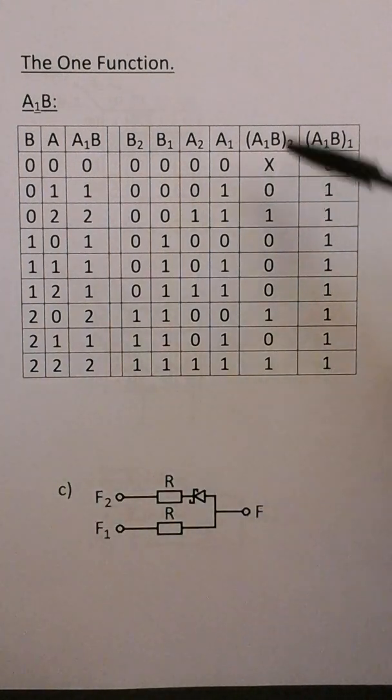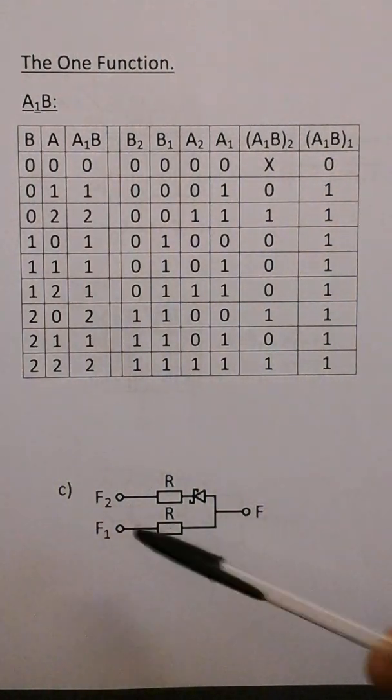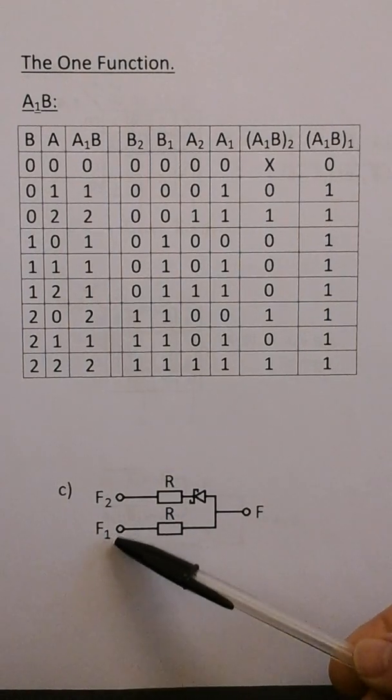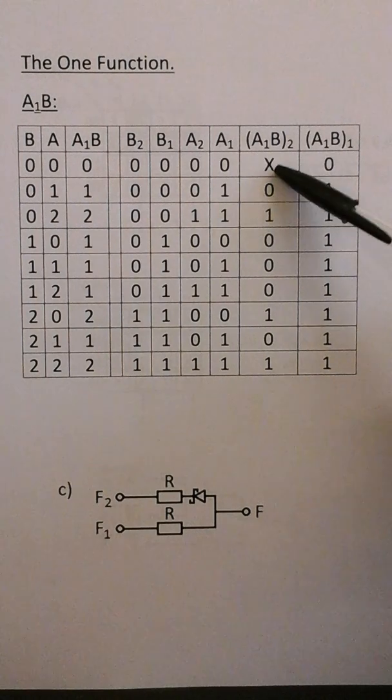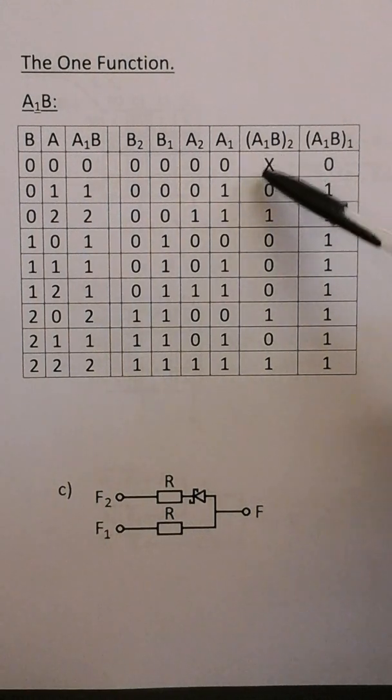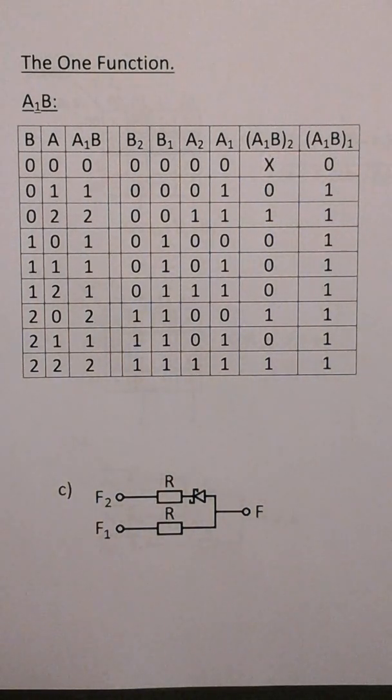So this is what we're using for coding the output A1, B2 and A1, B1. So here, if F1 is a 0, this F2 can be a 0 or 1, which is noted by an X, which is a don't care state.